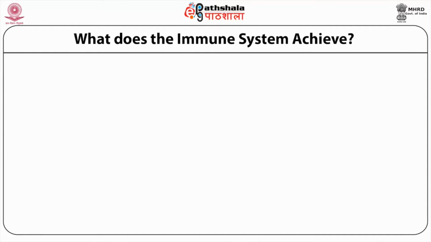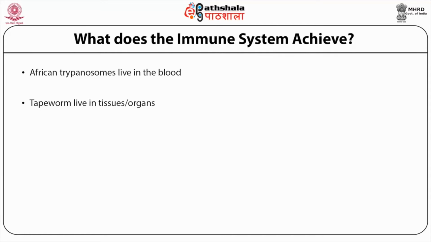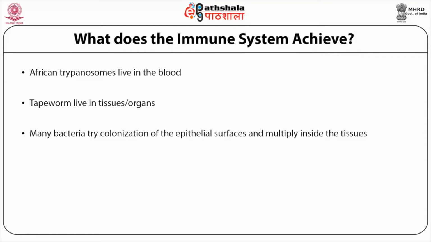Some protozoan parasites like African trypanosomes live in the blood. Other multicellular parasites like tapeworm live inside the tissues or organs. Many bacteria try colonization of the epithelial surfaces, and if they succeed in overcoming this surface barrier, they also multiply inside the tissues.